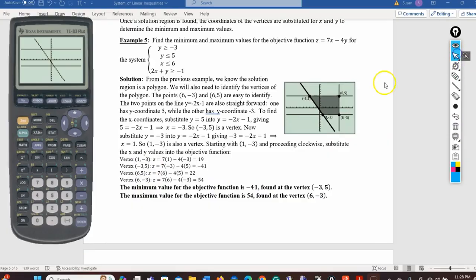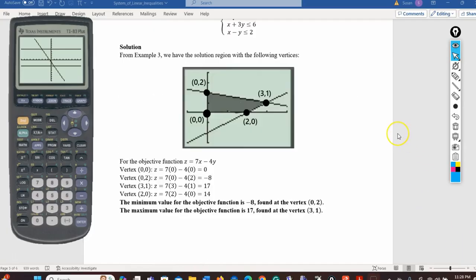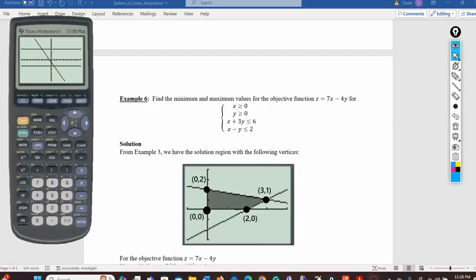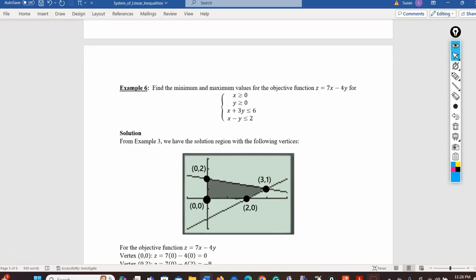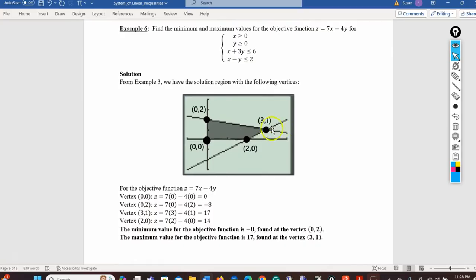And so let's do one more. Let's have the same objective function and find the minimum and maximum values for it. Okay, so this was the one that we did where we got these corner points. So it's bounded, so it's closed in. We don't have an open end going off forever.